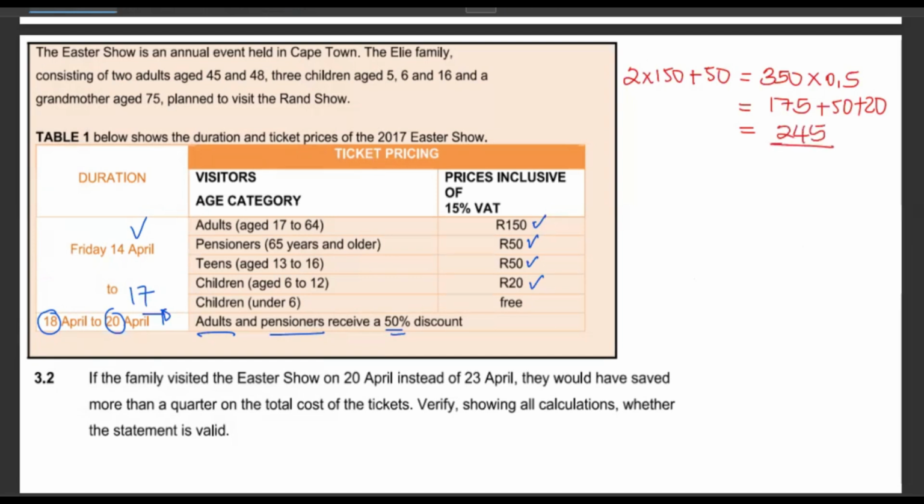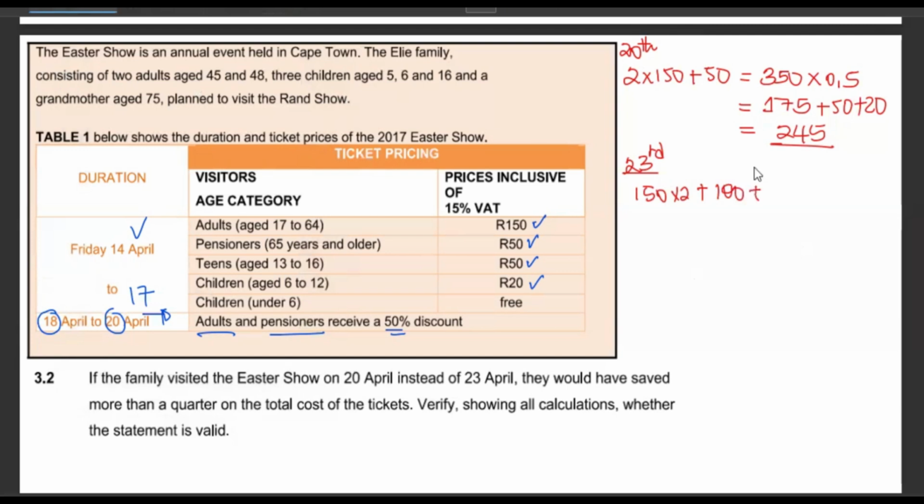This is the money that we have spent on the 20th, whereby we have to involve the discount. Then, what about the 23rd? On the 23rd, we shall say still 150 times 2 plus 100 rand. So where do we get 100? The money for the teenager and the pensioner.